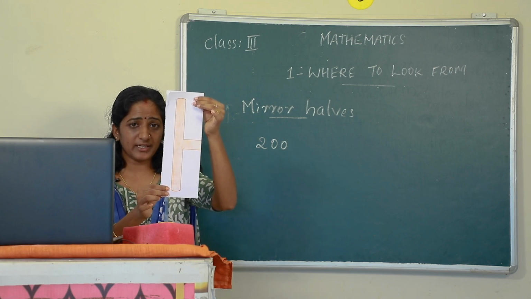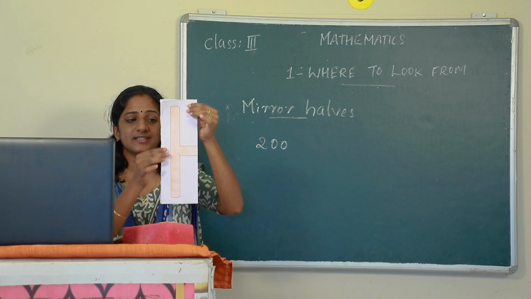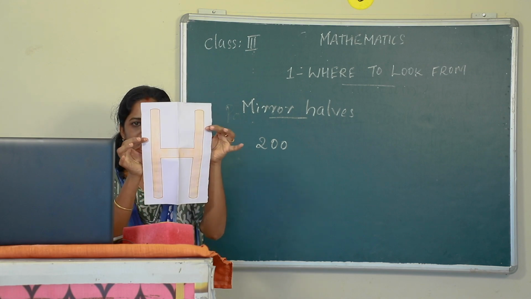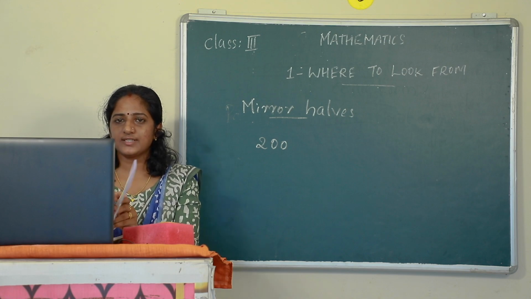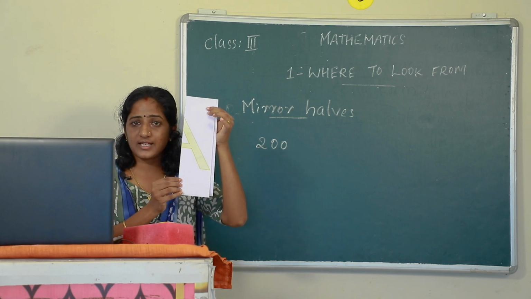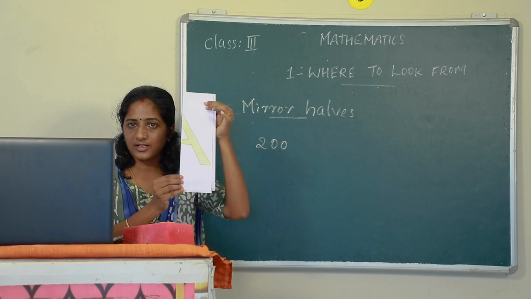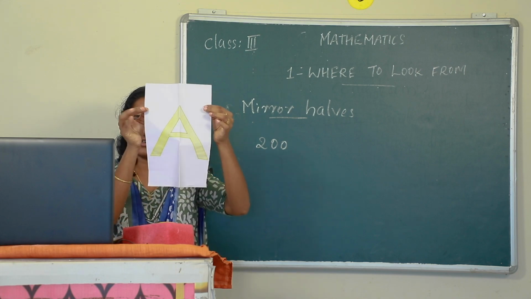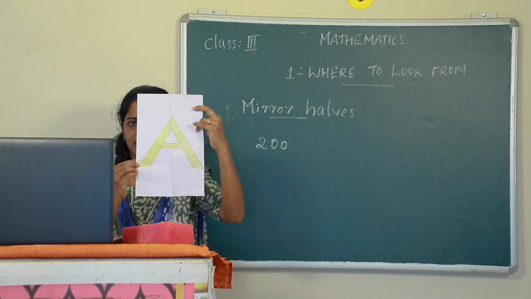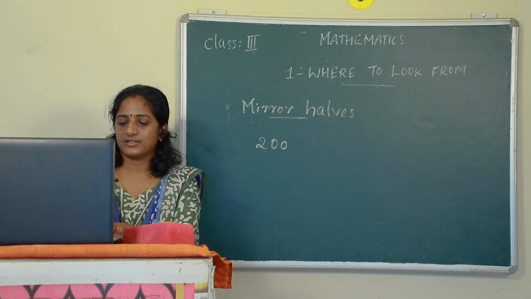Which is this alphabet? Yes, this is H. You are correct. Now the second one. Which is this alphabet? Look properly. Yes, this is A. Very good.